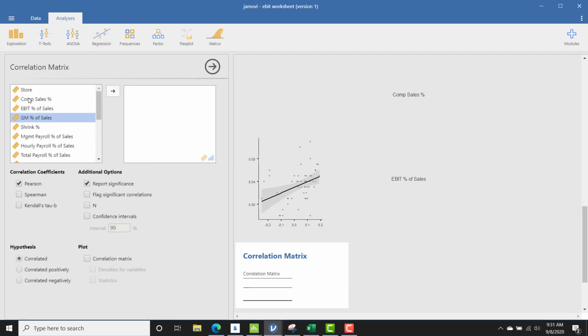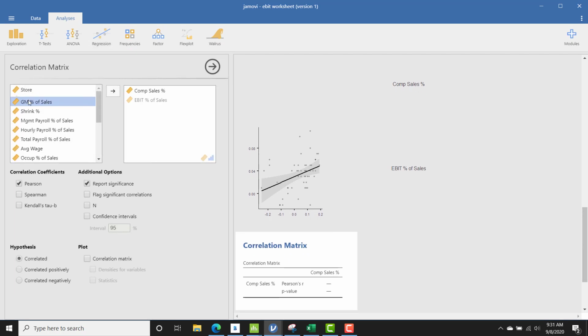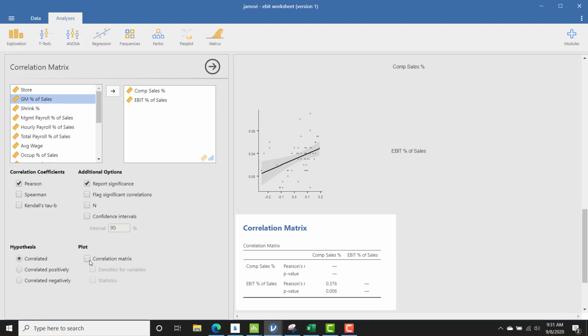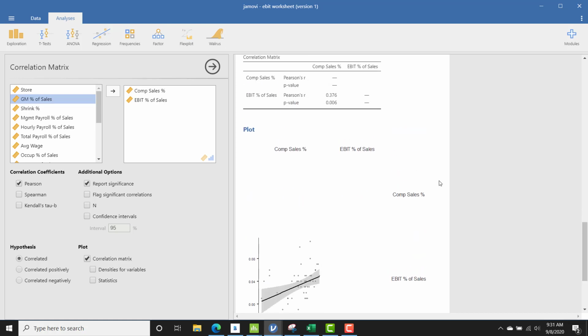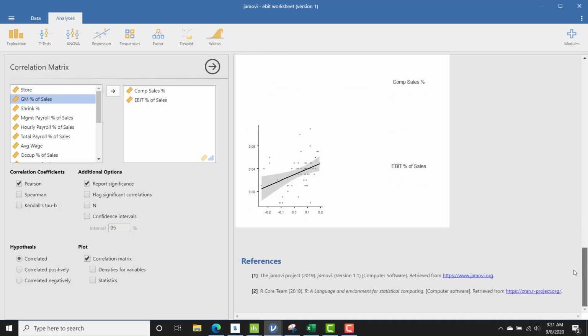I want to look at comp sales and EBIT. You can come down here and ask it to give you the plot. All right, now we've got our good stuff up here. We've got our p-value and a few other things going on. R squared is really what we care about in regression. And so there you go.